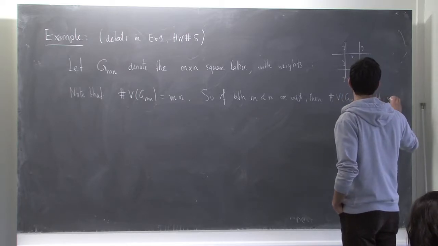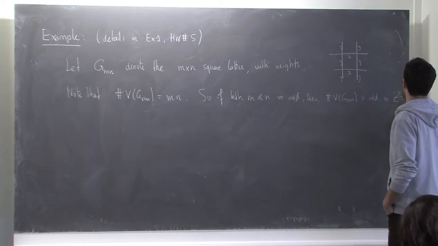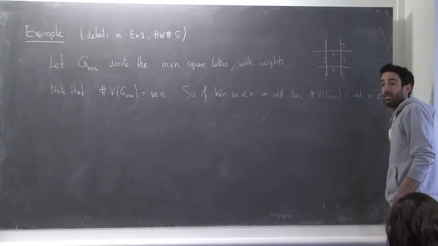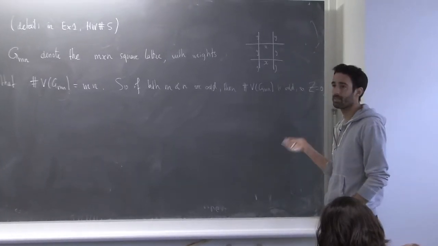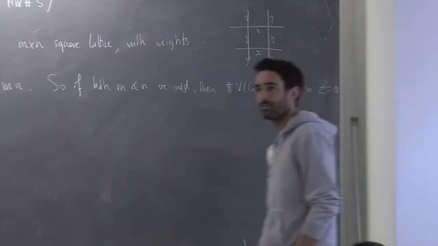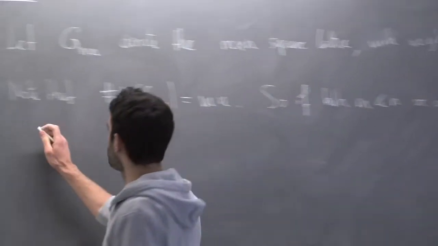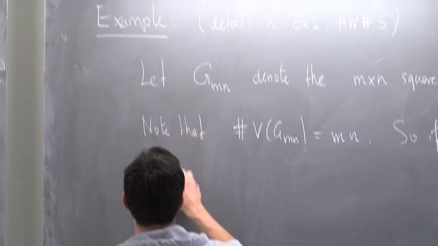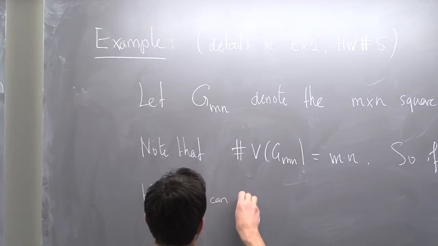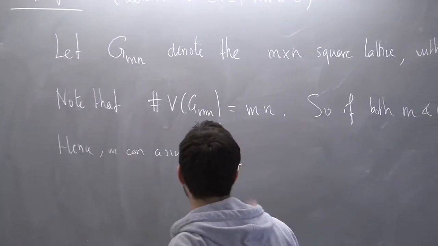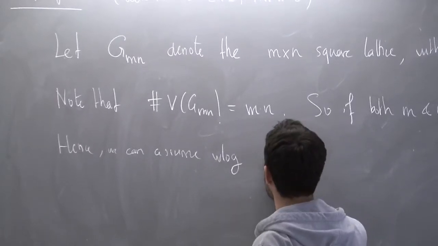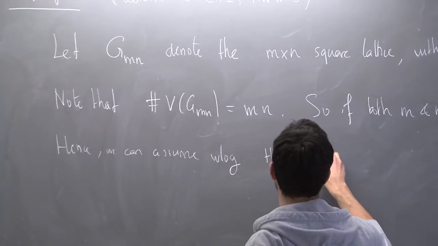It's odd, so there is no perfect matching and the partition function is 0. So we can assume without loss of generality that one of them, say n, is even.